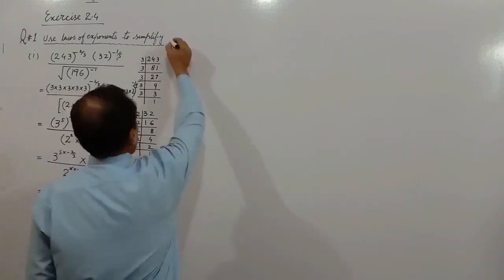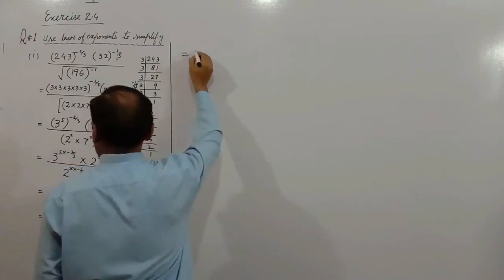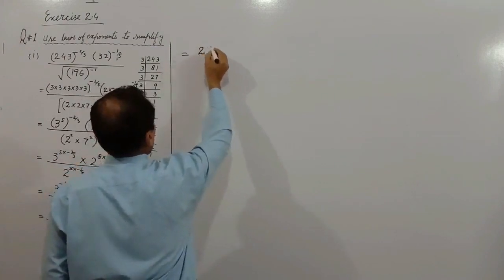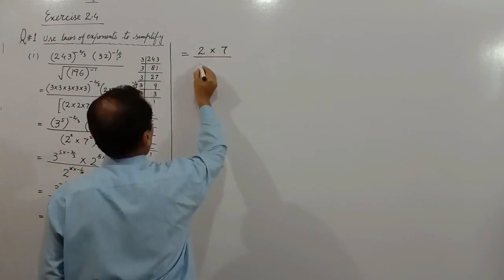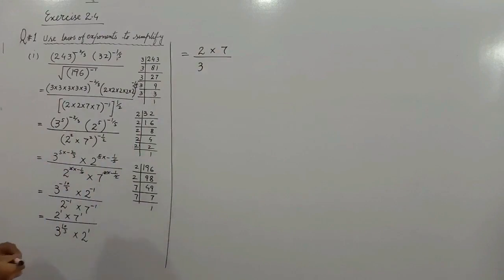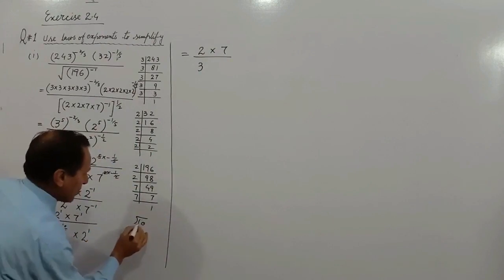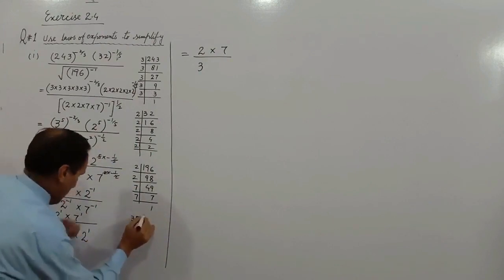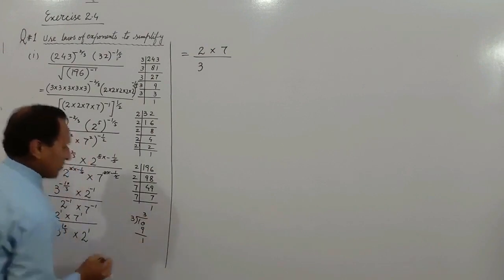Let's move to the next step. 2 raised to power 1 becomes 2, 7 divided by 3 raised to power 10 by 3. As this is an improper fraction, we divide 10 by 3 to get a mixed fraction. 3 3s are 9, remainder 1.